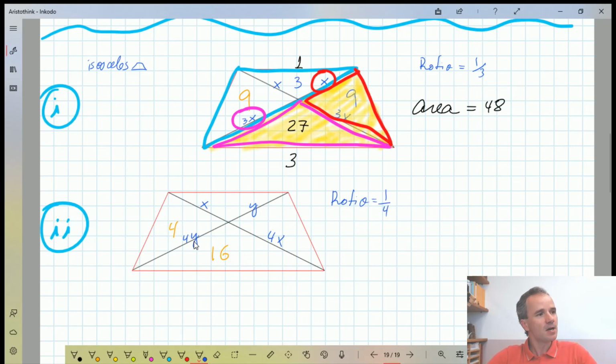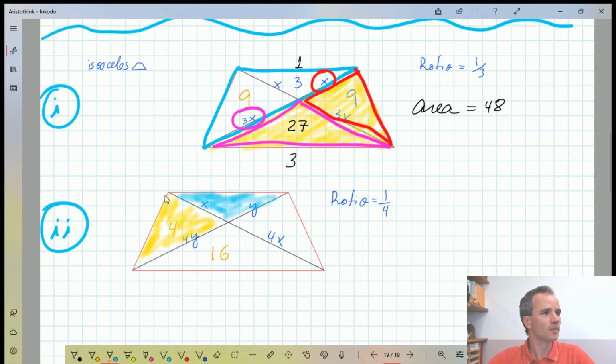Okay? Now, how can you solve this area in here? I'm going to solve it a little bit differently than I did up here, because if I follow the same pattern, what would that area in here be? Well, think about this triangle, the yellow one, and now think about the blue one.